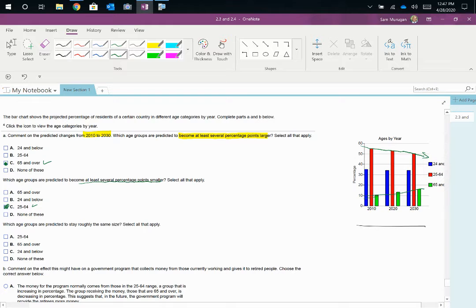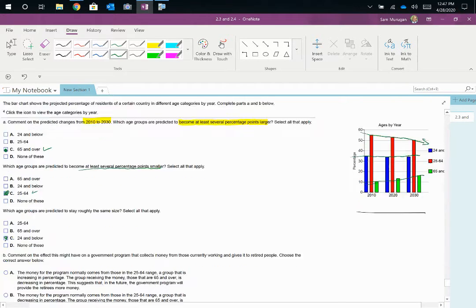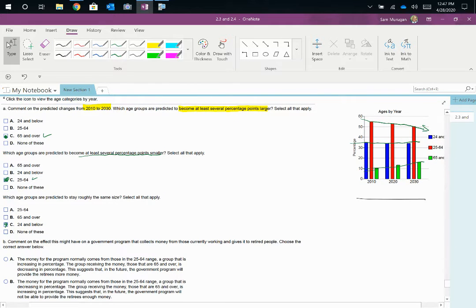And notice that the 24 and below category remains about the same across. Comment on the effect this might have on a government program that collects money from those currently working and gives it to retired people.